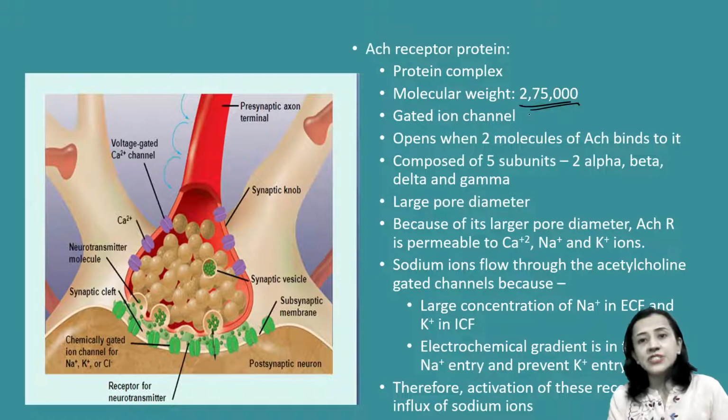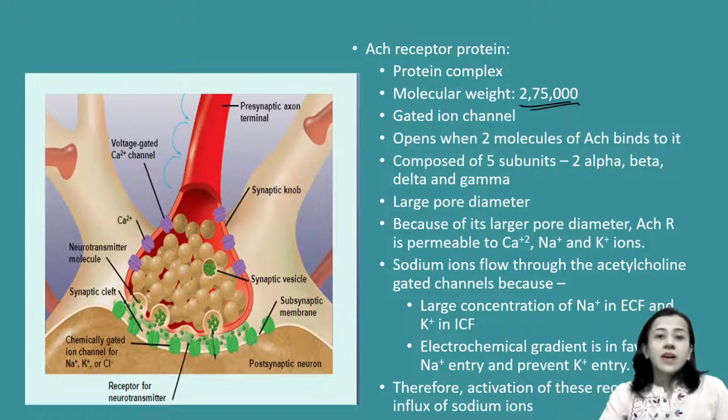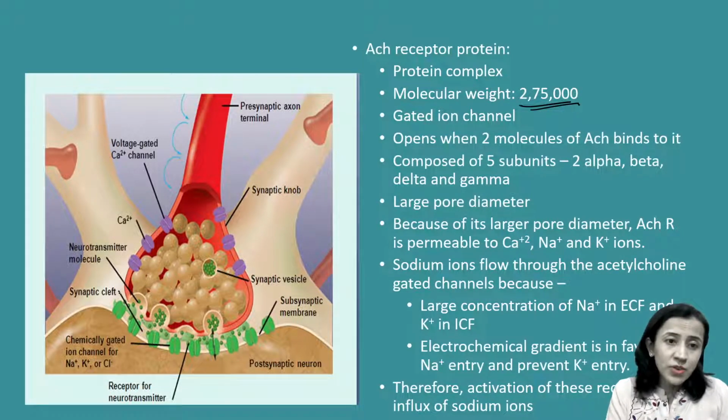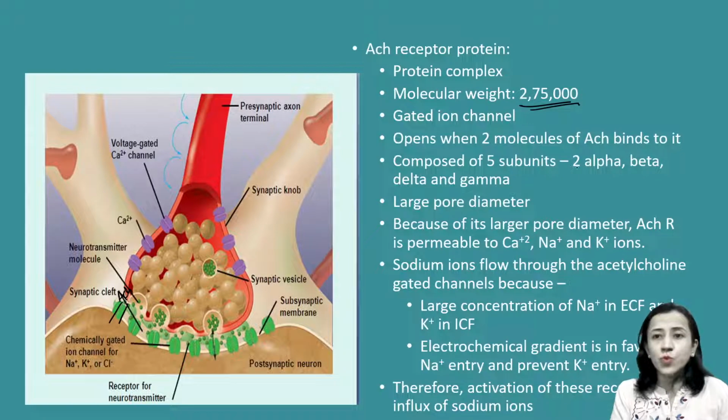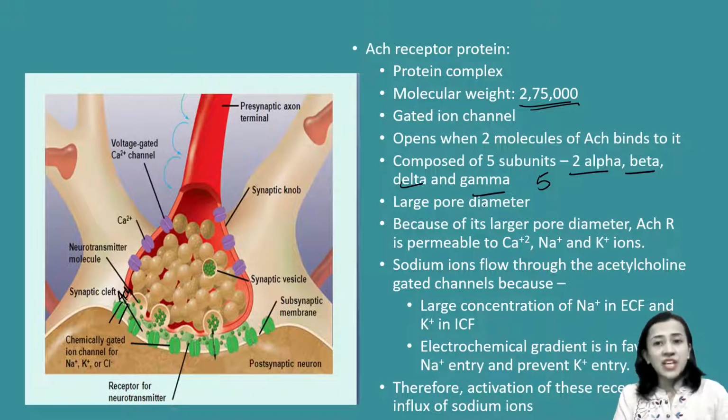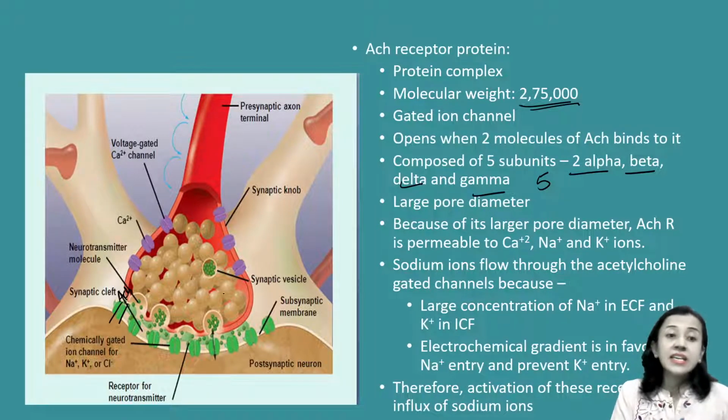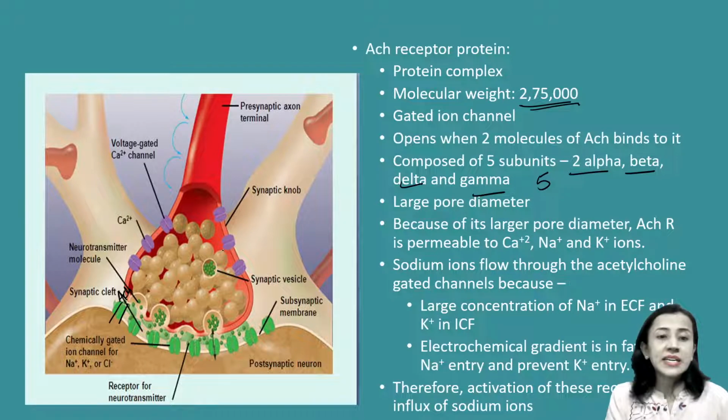It is a gated channel, and whenever two molecules of acetylcholine bind here, this channel opens. Each channel consists of 2 alpha, beta, gamma and delta subunits, so 5 subunits are there. They have a large pore diameter, and they lead to increased permeability of cations like calcium, sodium and potassium.